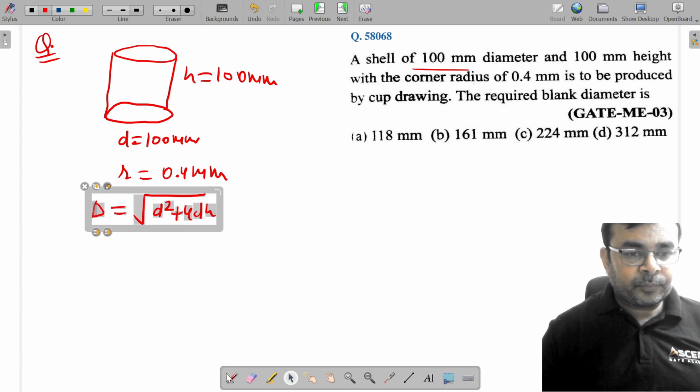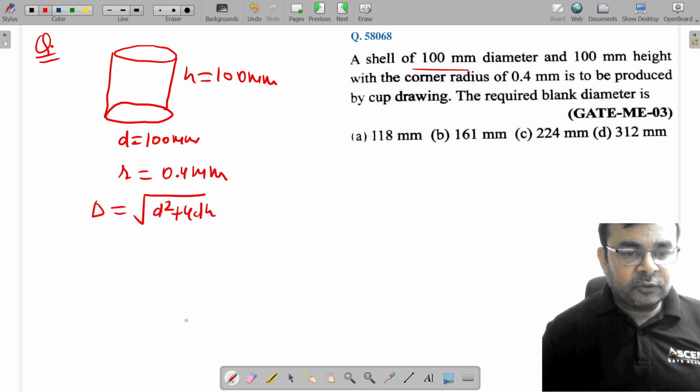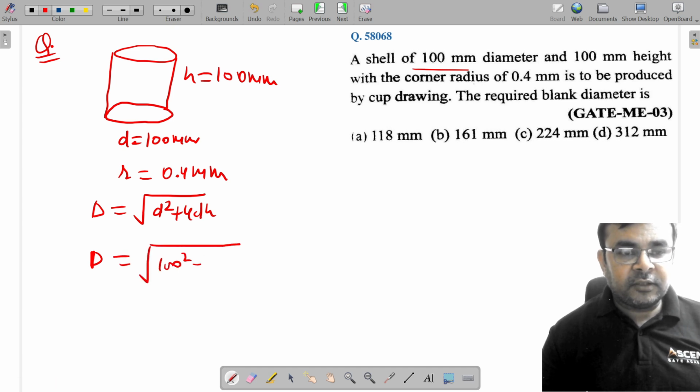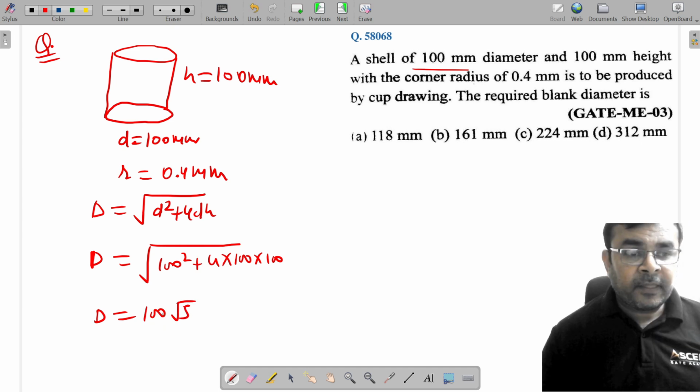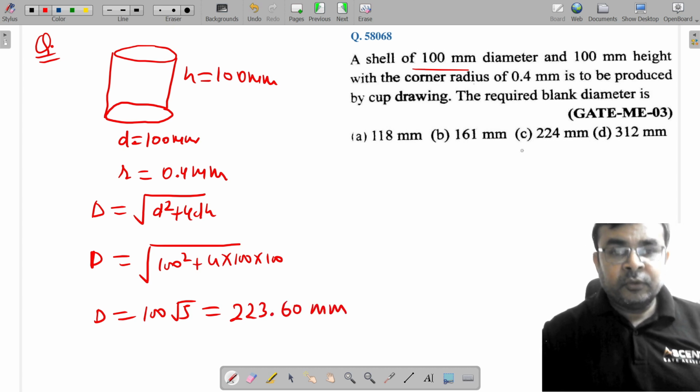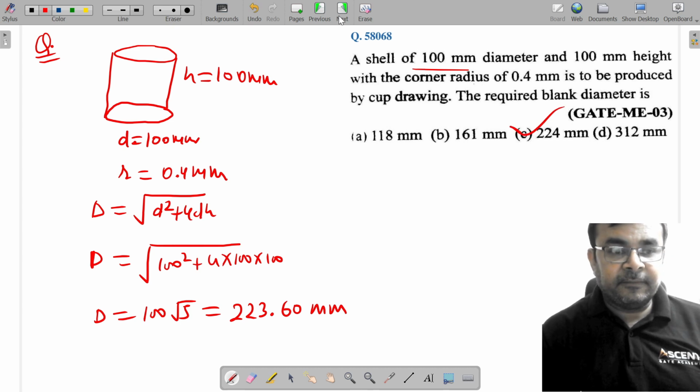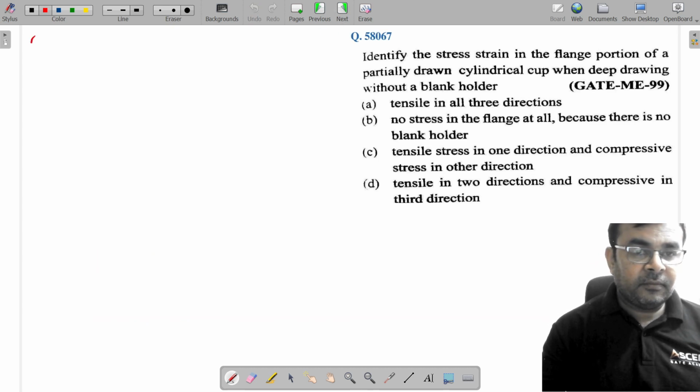Once you use this formula, you just put in the values. So this is d square, which is 100 square, plus 4 times 100 into 100. This is nothing but 100 root 5. From this, if I calculate, we get 223.60 millimeter. So the correct answer is option C.